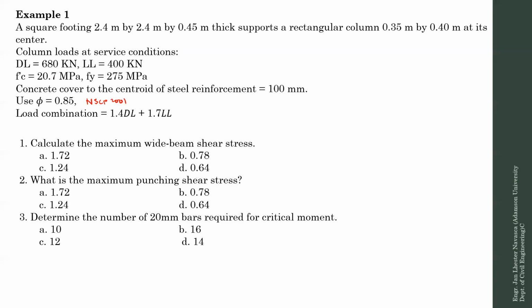Yung foundation natin, we have a 2.4 meters by 2.4 meters with a column of 0.35 by 0.4. Okay, this one. This is your 0.35 and this is your 0.4. Okay.